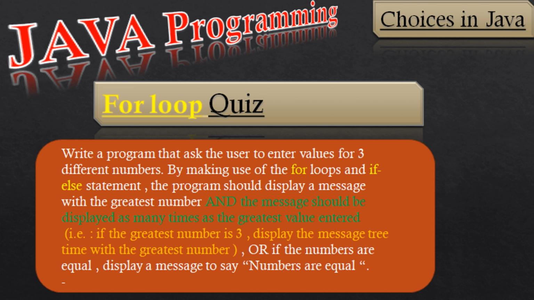So for example, if the greatest number of those 3 is the number 3, then display the message 3 times with that number. Or if the numbers are equal, then display a message to say numbers are equal. And the output should look like this.